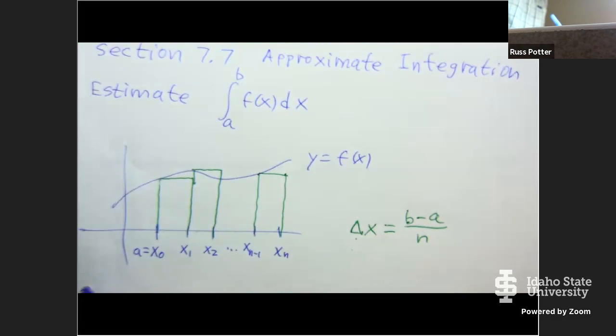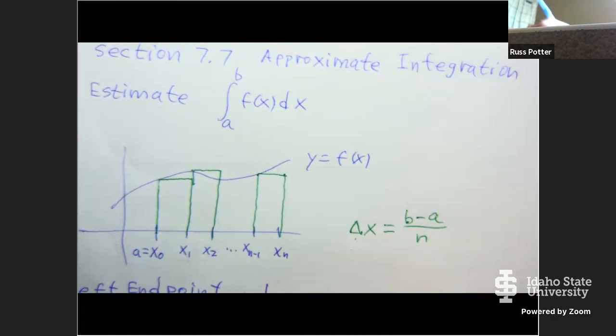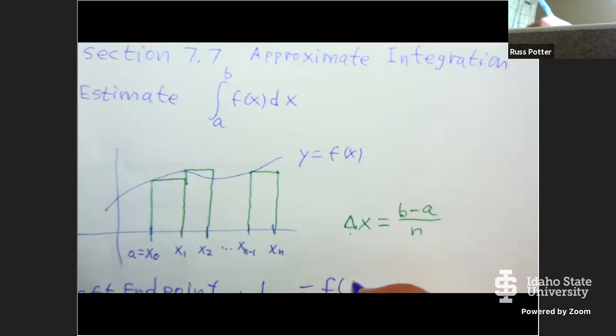And so a left endpoint approximation of the integral, also called L sub n, is equal to f of x sub 0 times delta x plus f of x sub 1 times delta x, and so on.